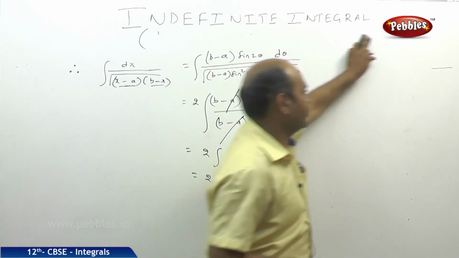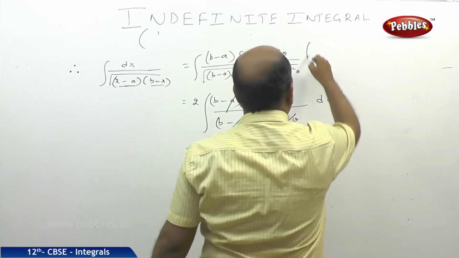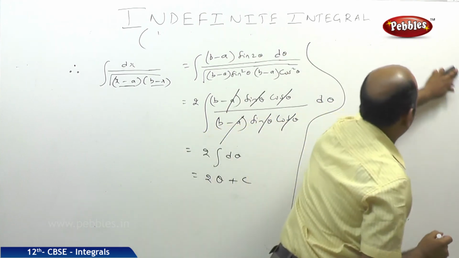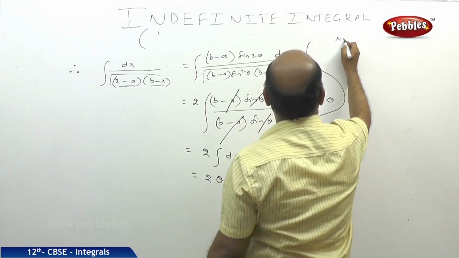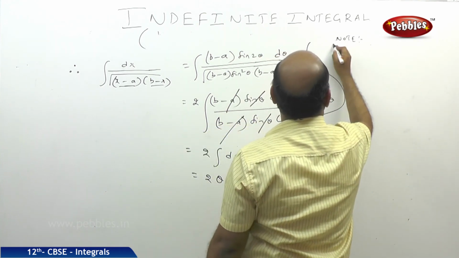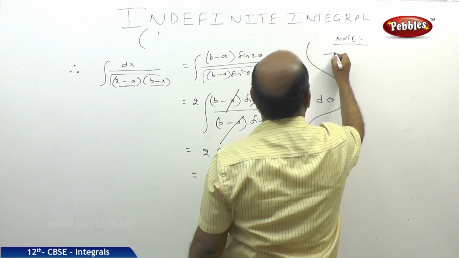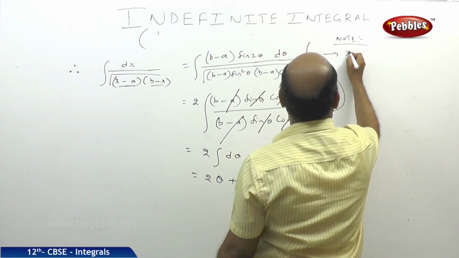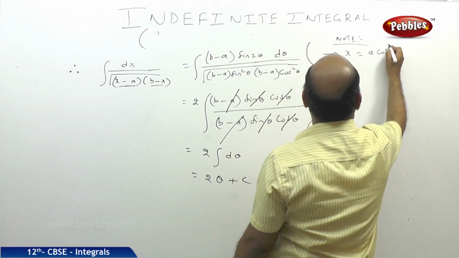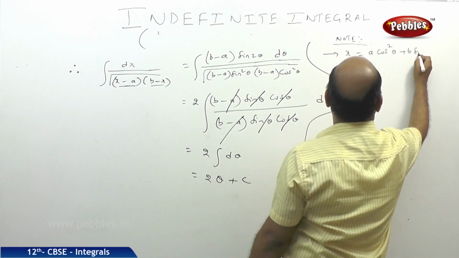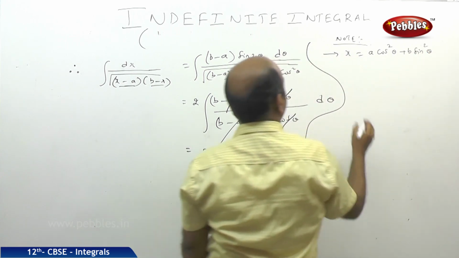How we will be getting this particular theta, earlier here I am writing as a note. So you should show all these calculations in your examination sheet. We kept x is equal to a cos square theta plus b sin square theta.